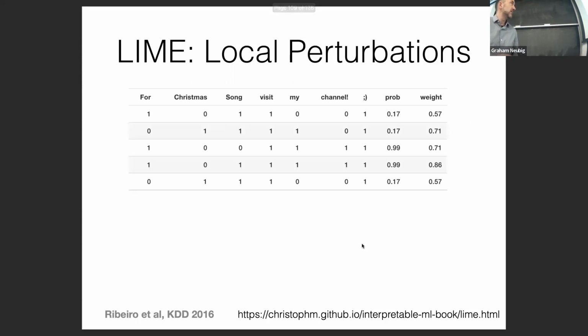A famous first attempt at this is something called LIME. Basically the way LIME works is, let's say this is a spam classifier, and we have an input: for Christmas song, visit my channel, like, wink. And we need to make a prediction about whether this is going to be true or not.